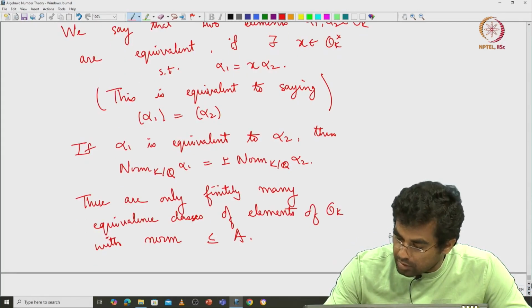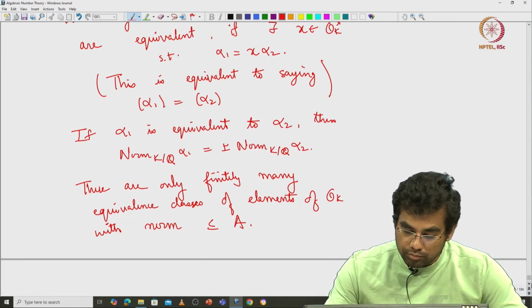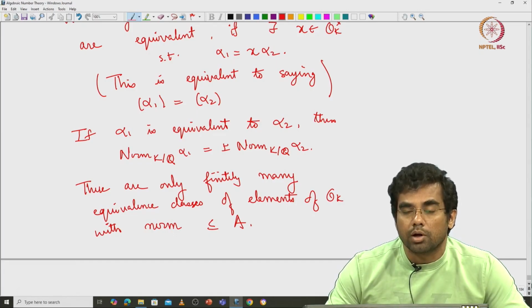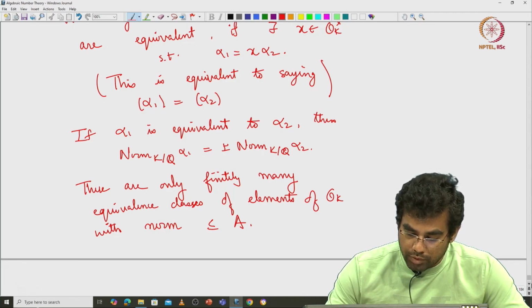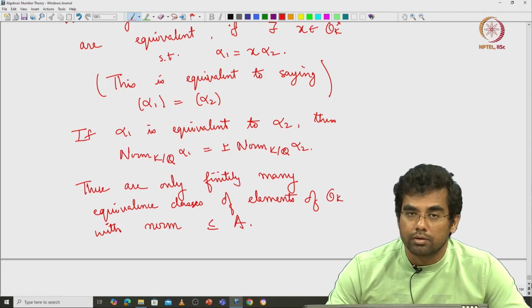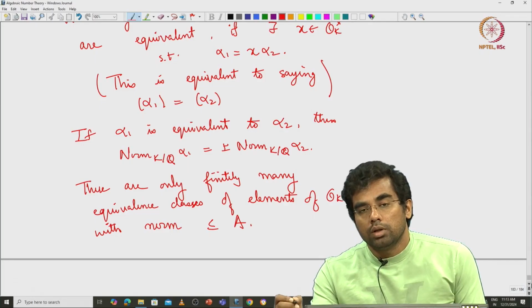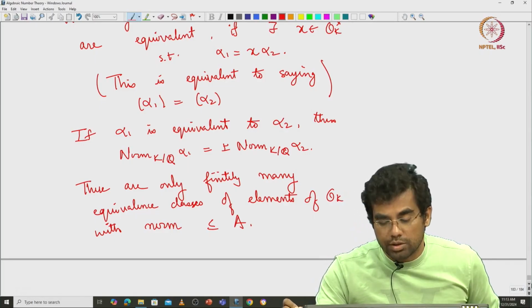Let me just spend a minute on this. If two elements are equivalent, then their norms are the same up to sign. The converse need not be true, by the way. Two elements can have the same norm, but they need not be conjugates of each other.